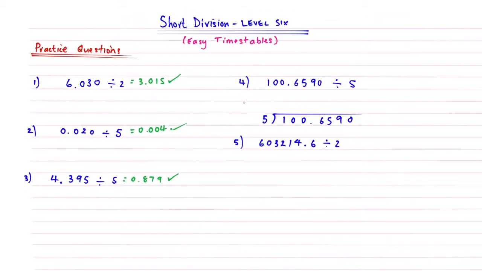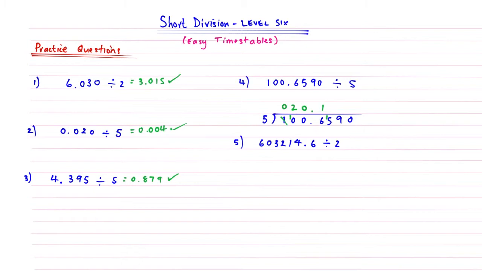Right, let's take a look at example number 4. 5's into 1, well 5's too big, so we're going to carry the 1 over to my next digit. 5's into 10 go twice, and it goes in exactly, so I don't need to do any carries or any remainders. 5's into 0, well that is too big, so it's going to be a 0. Now copy the decimal point exactly where you see it. Now we're dealing with this 6. 5's into 6 go once, with a remainder of 1.